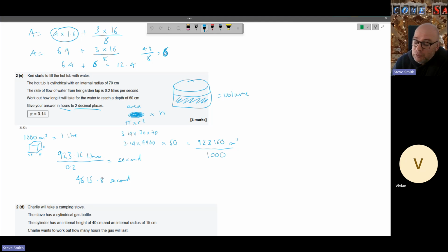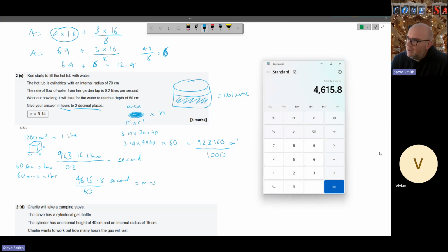Give your answer in hours. Okay, so if we do it in minutes first, we know there are 60 seconds in 1 minute and 60 minutes in 1 hour. So we're going to divide by 60 first, because that's going to give us our minutes. We've got our number in our calculator still, so we divide it by 60. That's minutes.